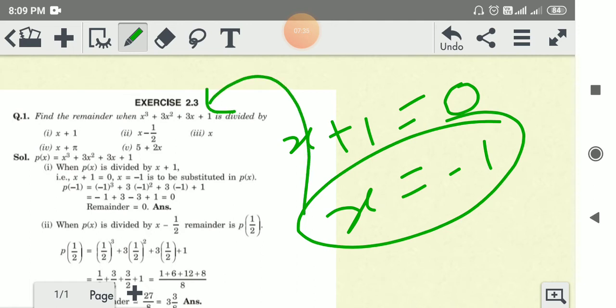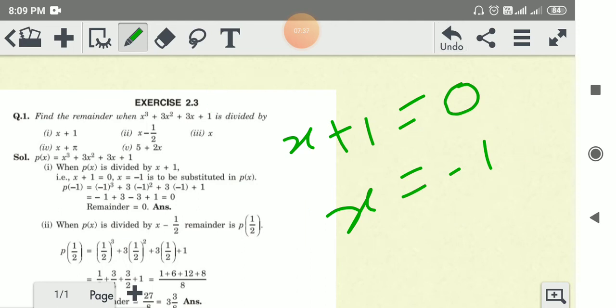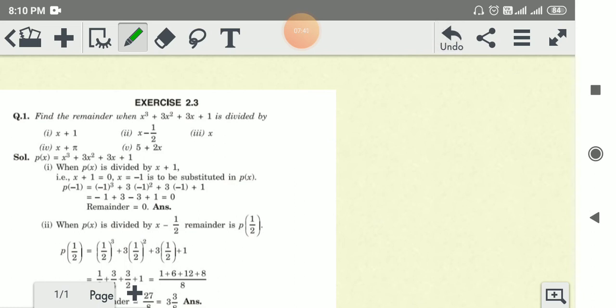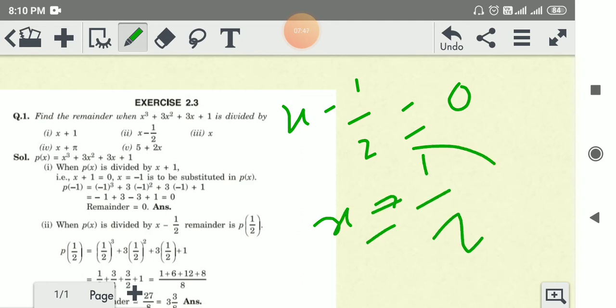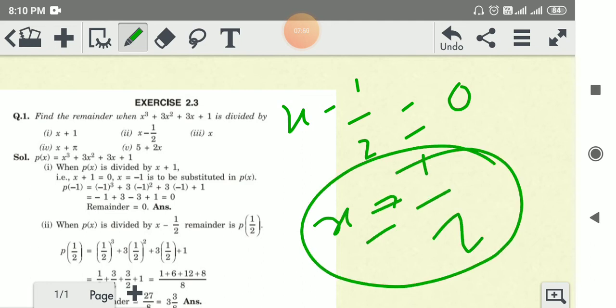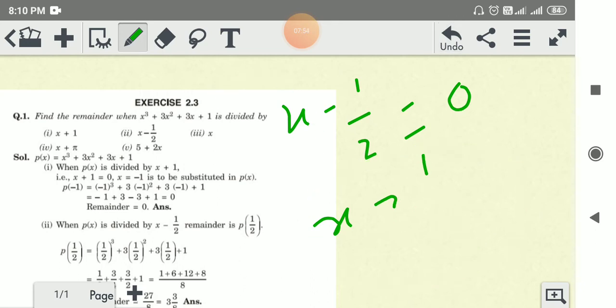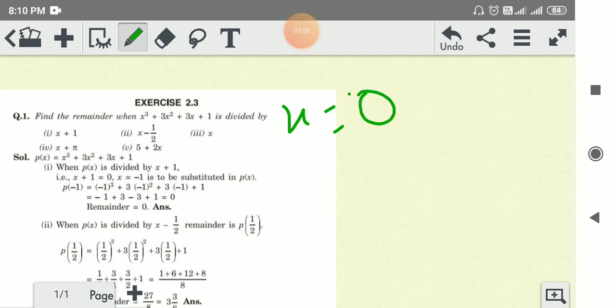Similarly, in the second question, x minus 1 equal to 0, then x is equal to 1 by 2. So we put the value x is equal to 1 by 2 in these equations. Again for the third, x is equal to 0, so we have to put this in these equations.